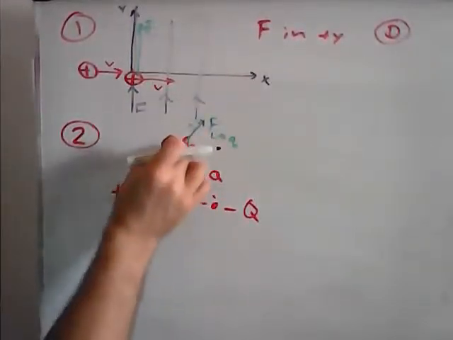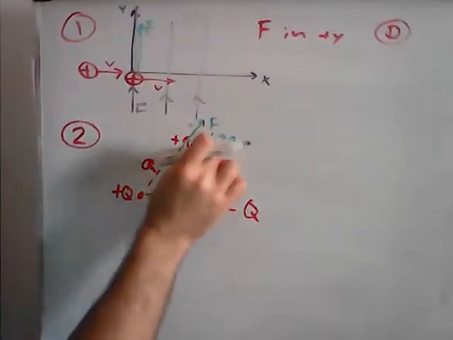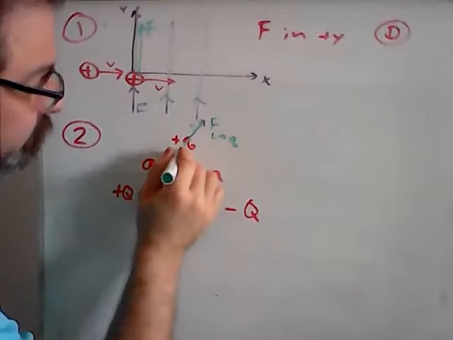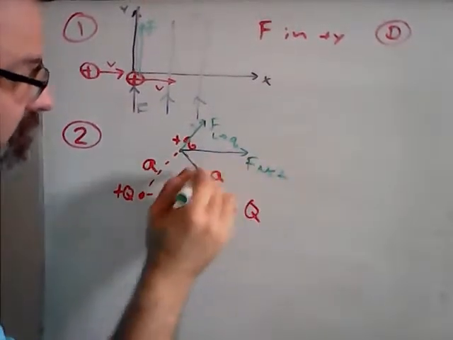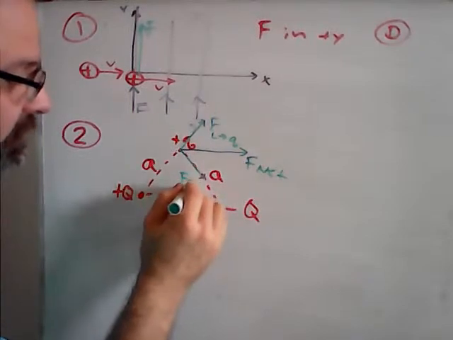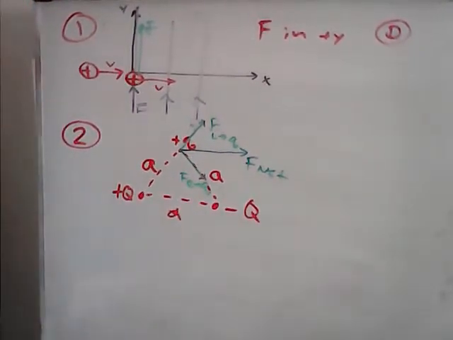Pulling in this direction and pushing in that direction together means the net force will be in that direction. Therefore the net force is to the right, and that is answer C.